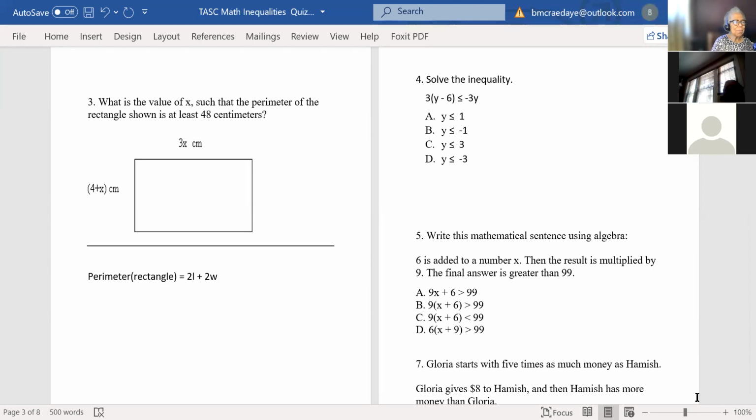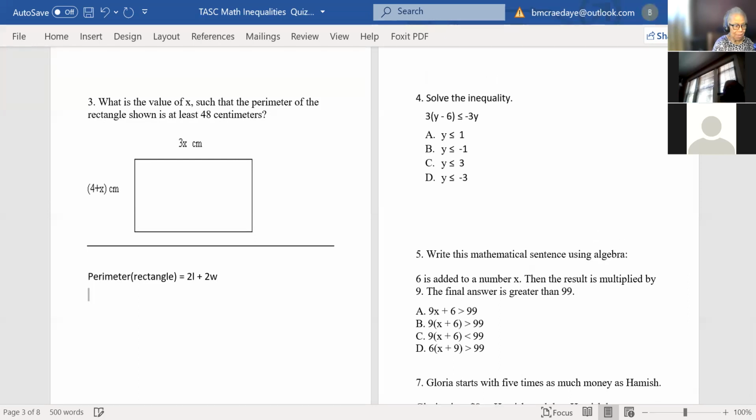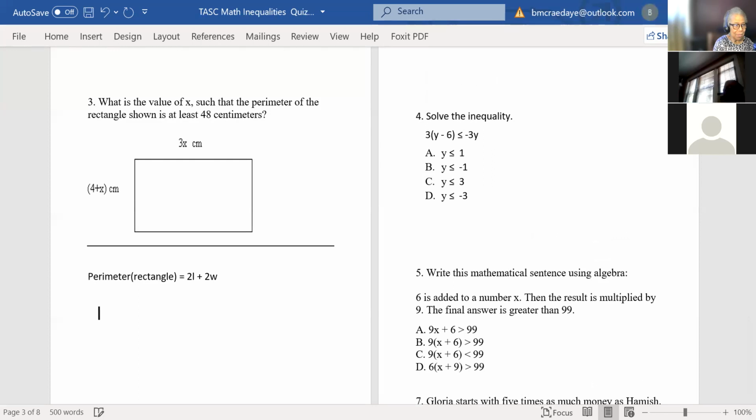If it's together, you'd multiply. So you said 3 times 3, making it 9.